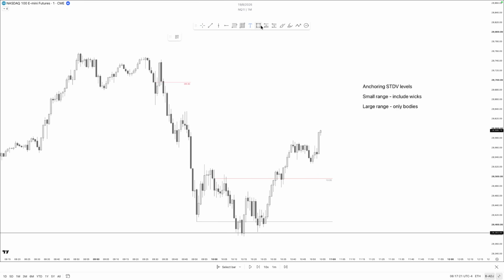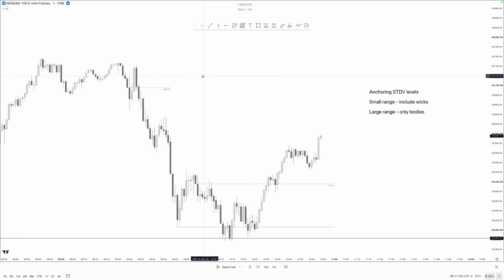So when we see around the driver we have a new range to trade from, we can actually mark out this range here and use a bit of discretion to see if it's a large range or a small range, and that affects how we anchor our standard deviation levels, right? If we have a small range, then we include the wicks of the candles. If we have a large range, then I'm using only the bodies to anchor my standard deviation, right?